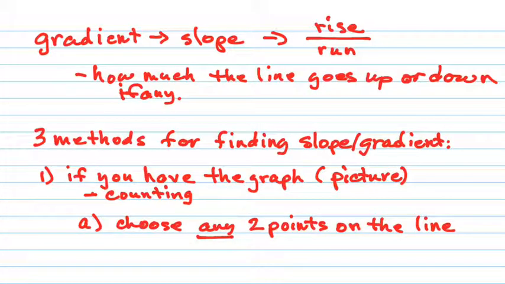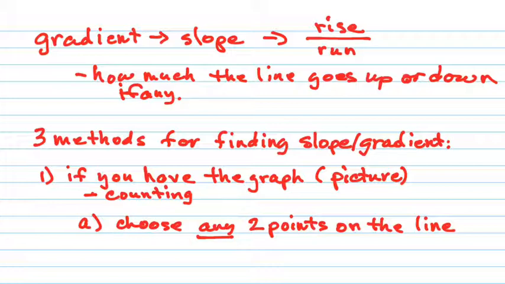Anywhere. So don't get caught up on, I have to pick these two points. It doesn't matter what points you choose at all. The thing, though, is that they have to be on the line, and you have to be able to measure it easily.